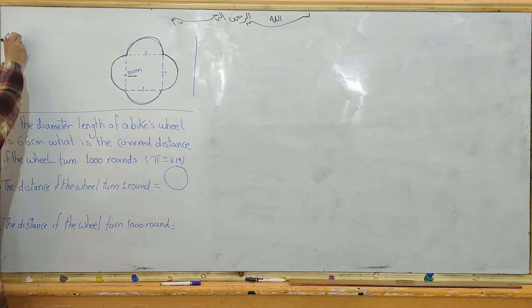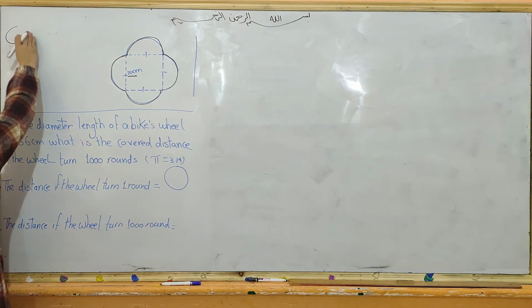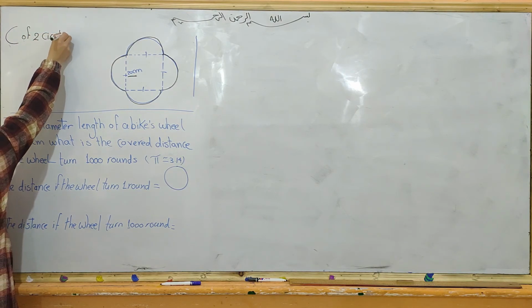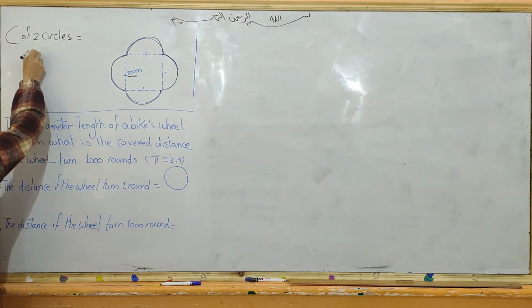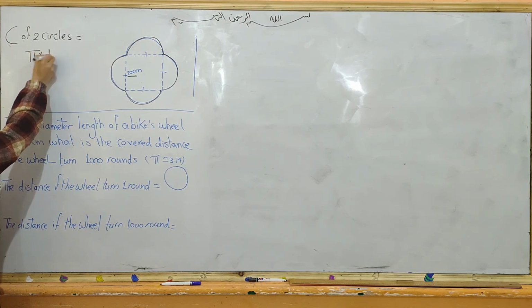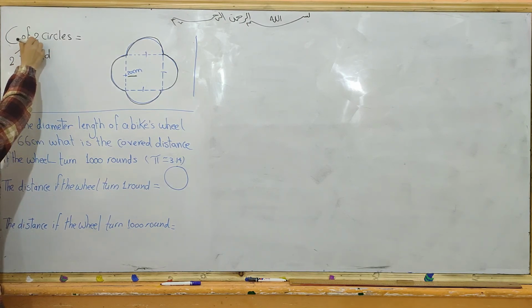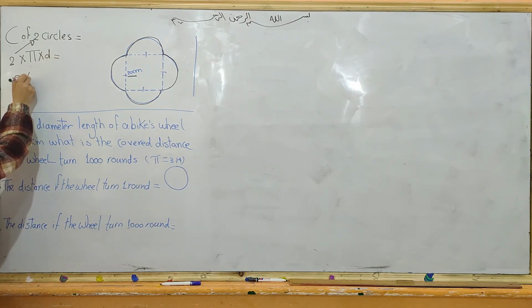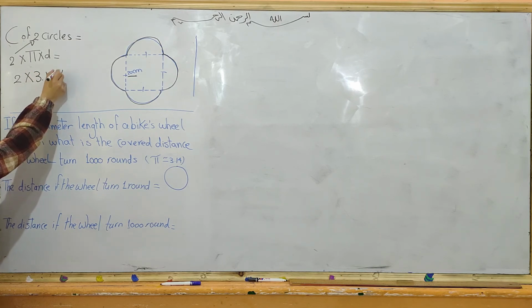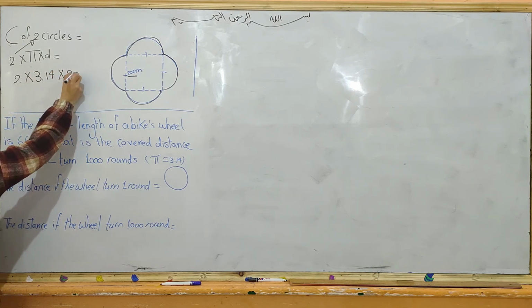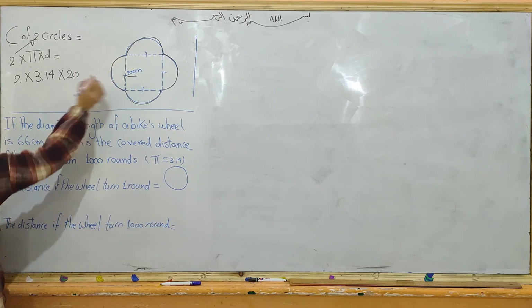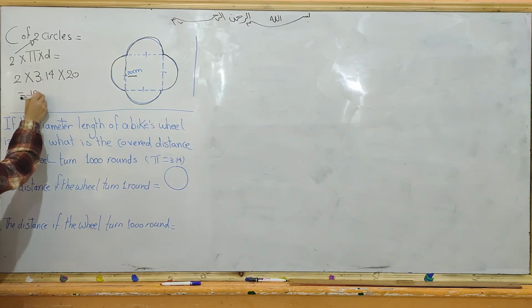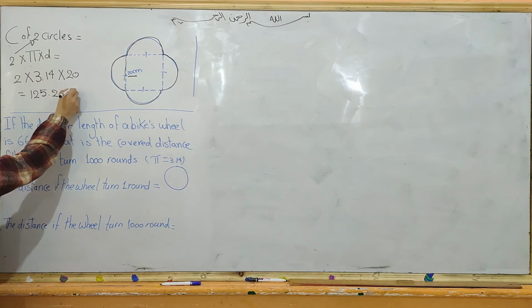Then we need to find the circumference of 2 circles, equal to pi times d times 2 because we need two circles, equal to 2 multiplied by 3.14 multiplied by the diameter 20, equal to 125.20 centimeters.